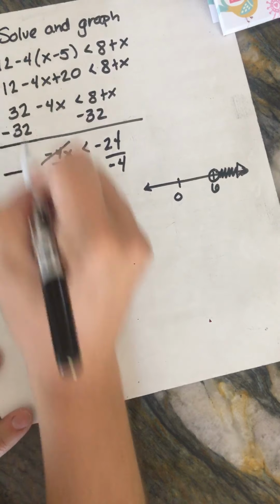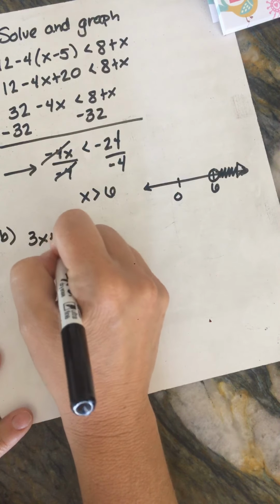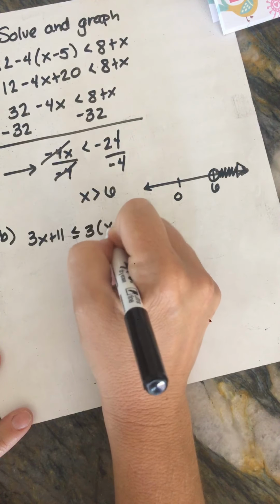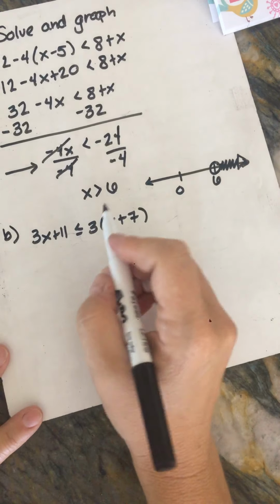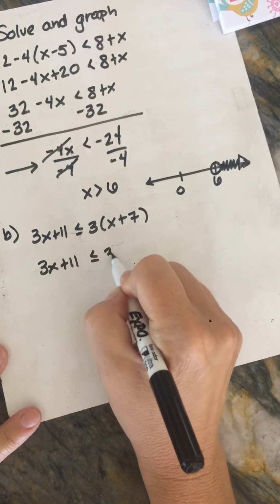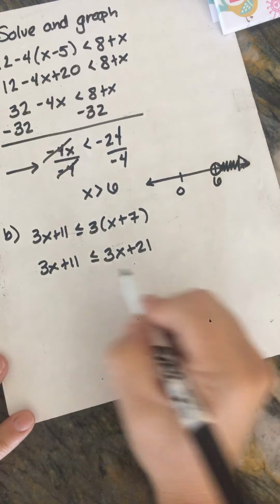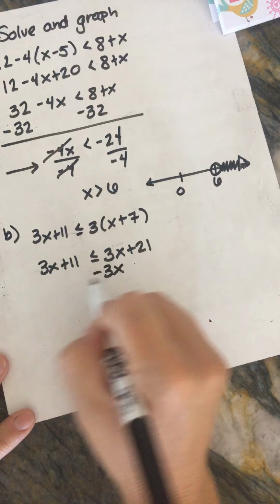We'll call this one A and this one was B. 3x plus 11 less than or equal to 3 times the quantity x plus 7. So again, we've got to do the distributing first. 3x plus 11 is less than or equal to 3x plus 21. And we subtract, let's see, I'm going to subtract 3x from both sides.